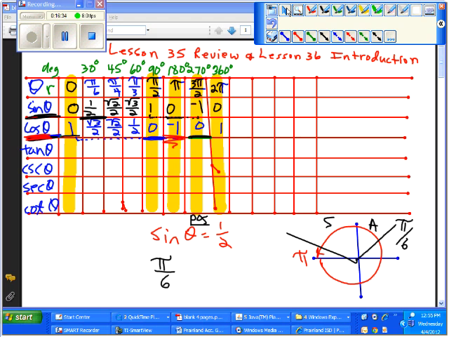What's pi over 6 less than pi? Well, pi is 6 pi over 6, right? 6 pi over 6 is a whole pi. You take 1 pi out of 6 pi's, you get 5 of them, right? Take 1 pi over 6 out of 6 pi's over 6, and you get 5 pi's over 6. That means we got to write this thing twice.